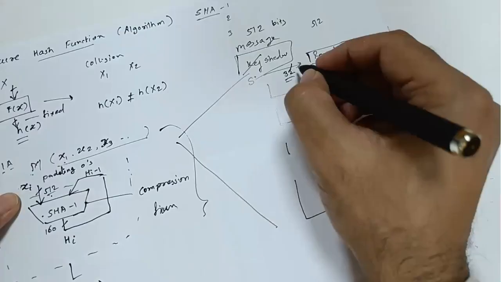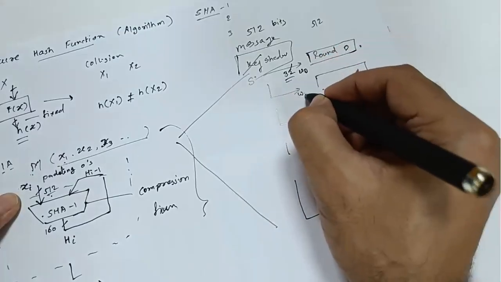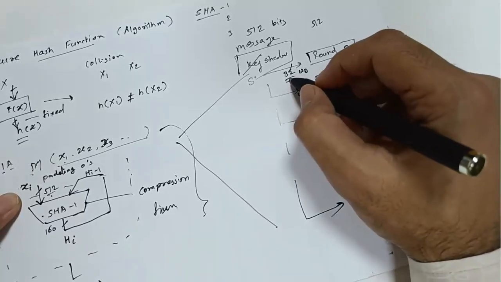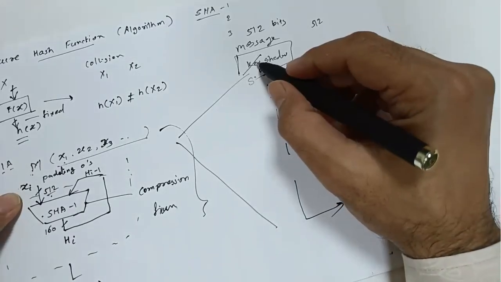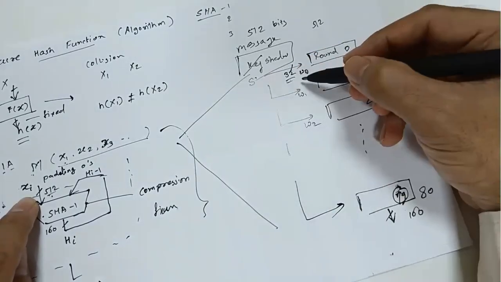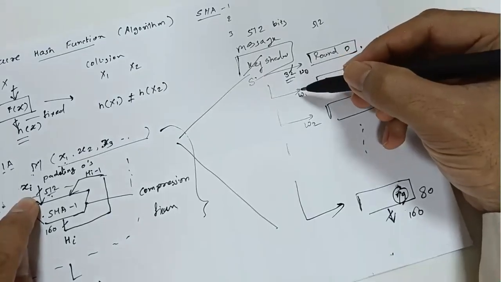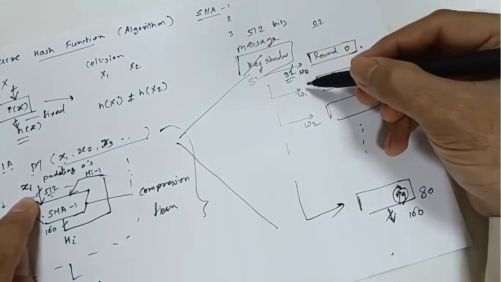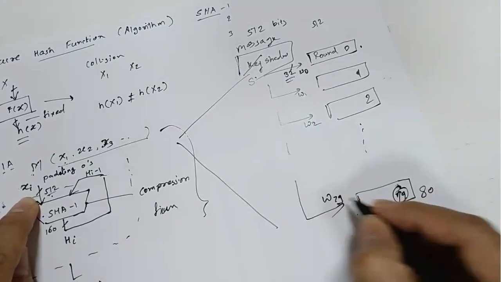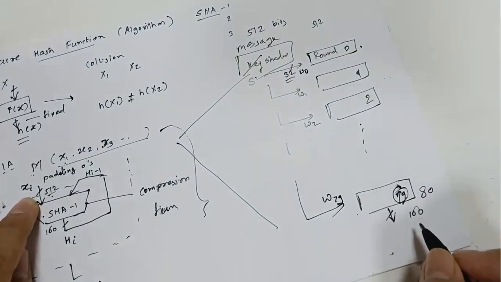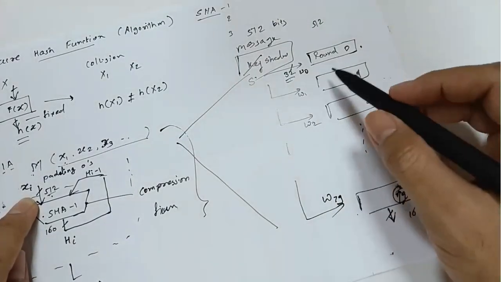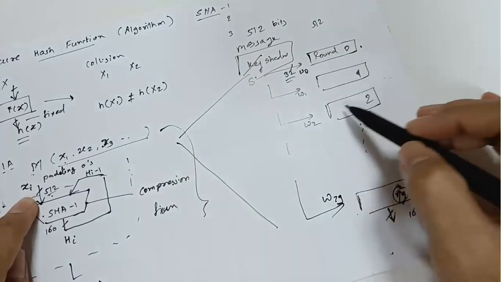So there are W0, W1, W2; these are the words, and one word is 32 bits. The message block Xi is divided into 32-bit words, and you have to create 80 such words till W79, and provide those as input to each round.